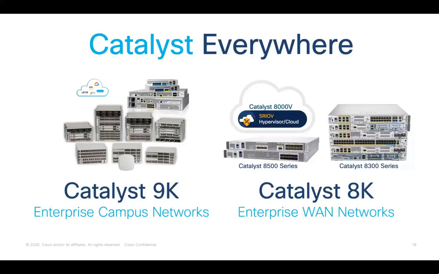That thought process then moved to wireless with wireless controllers and 9100 and 9800 series platforms under the Catalyst portfolio. And now with Catalyst 8000 Edge portfolio, we take the intent-based networking thought process to the WAN Edge also. This is the time where enterprise networks truly become Catalyst everywhere, IBN.